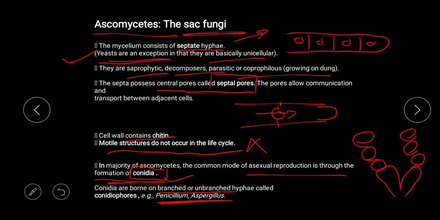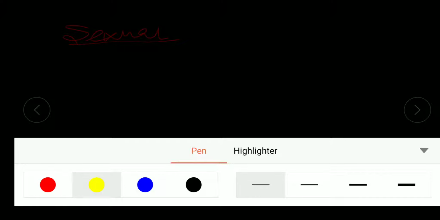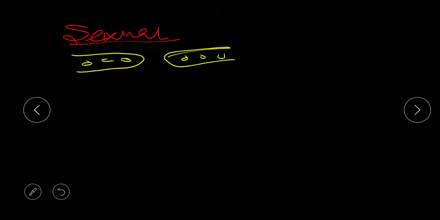In Ascomycetes, we have discussed asexual reproduction, but we have not studied sexual reproduction, so let us talk about it. In sexual reproduction, what happens? They have two hyphae, one minus, one plus.